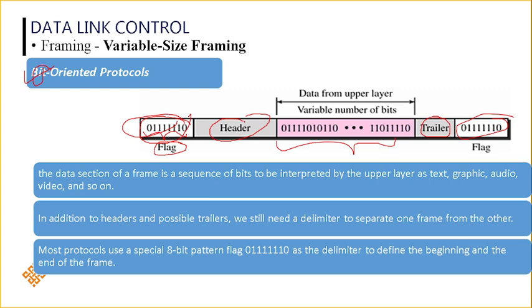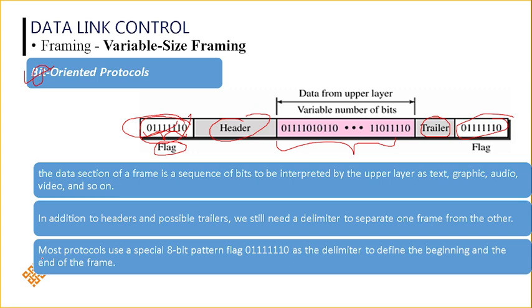Whenever in your payload you find 0 followed by 5 ones, not even 6 ones, okay, 0 followed by 5 ones, then immediately you need to add one more extra 0 that acts as the escape character, which skips the delimiter.